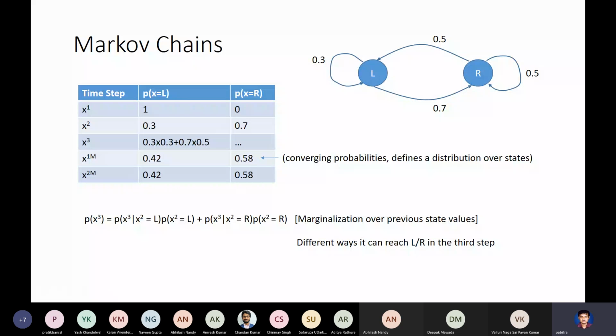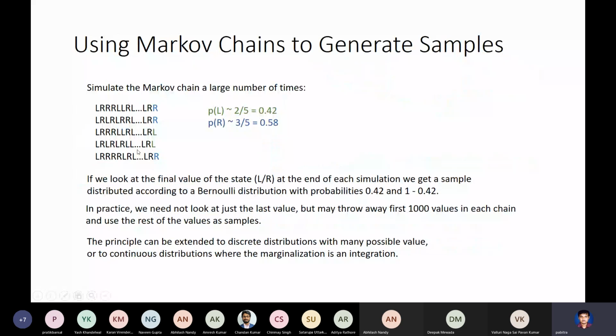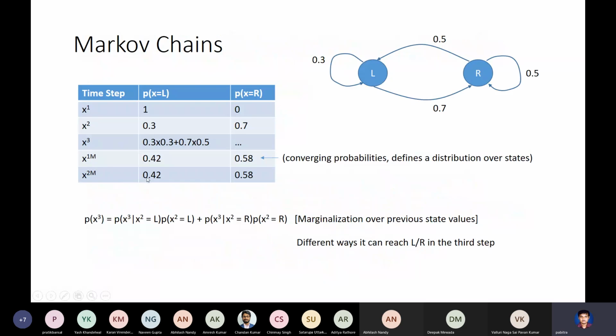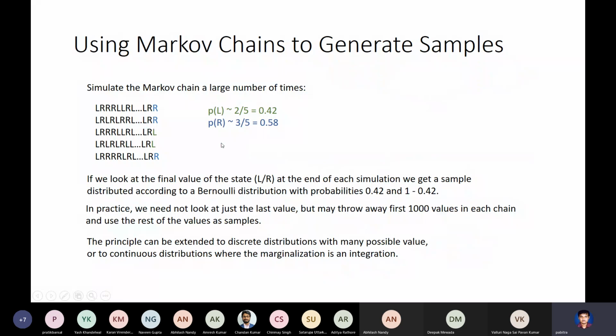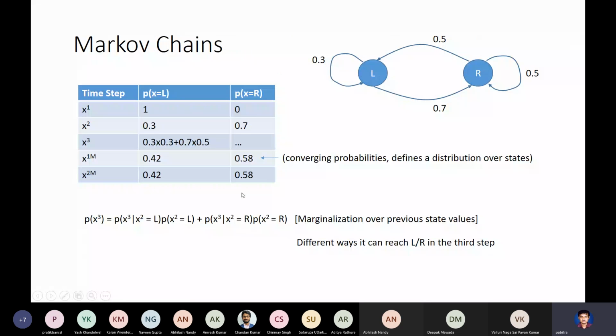So in other words, if we throw away the first say 1,000 instances of this simulation, if you look at the Markov chain after a certain amount of time, the values of the states that we get are as if samples drawn from this converging distribution. So for example, here this RRLL is a sample drawn from this 0.4 to 0.58 distribution. You see their proportion will be 2 by 5 and 3 by 5.